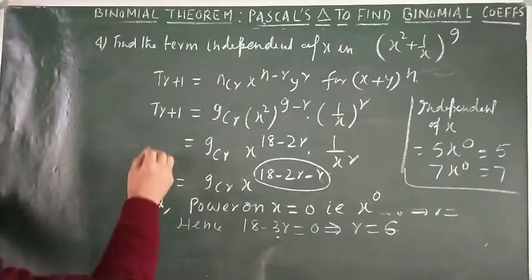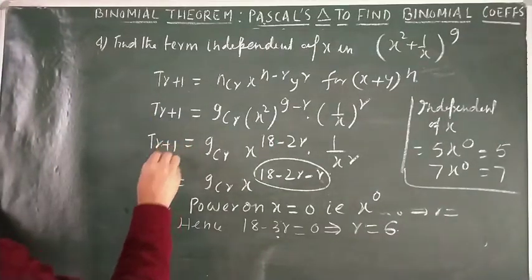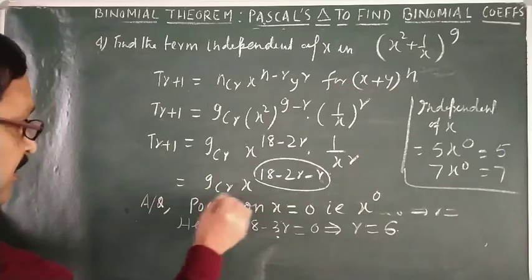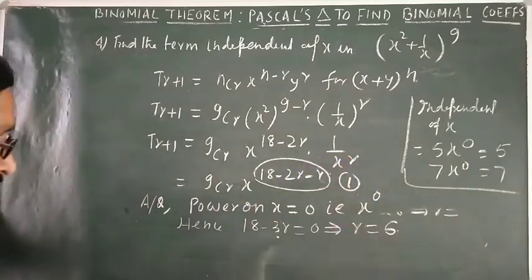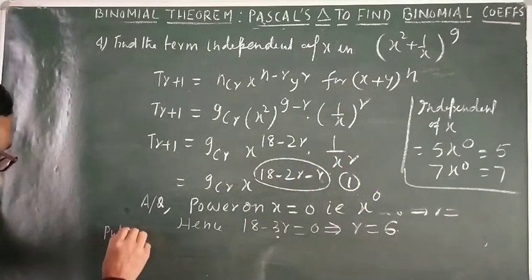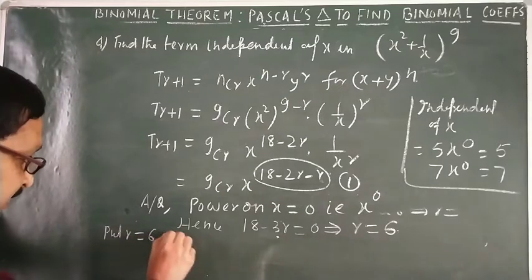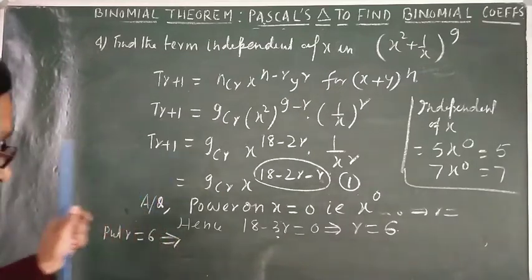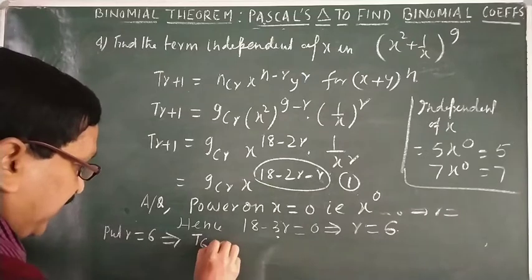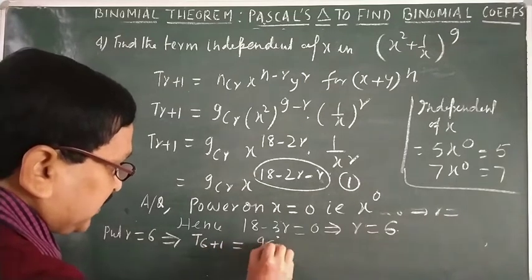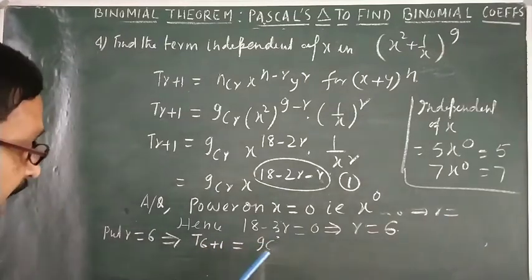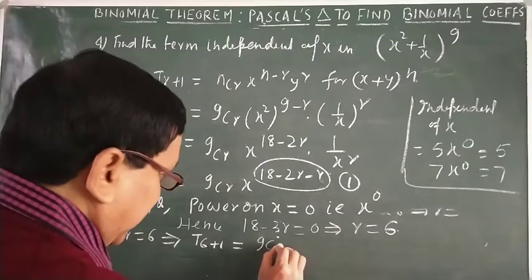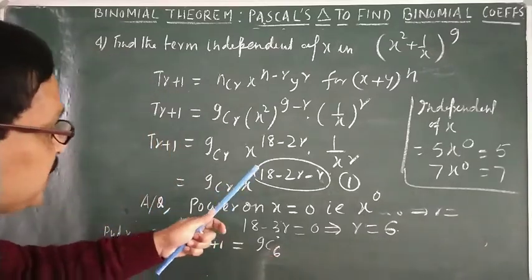Now putting this in T(r+1), put r is equal to 6, we get T7. T(6 plus 1) is equal to 9C6, where r we have put 6, and x to the power 0.